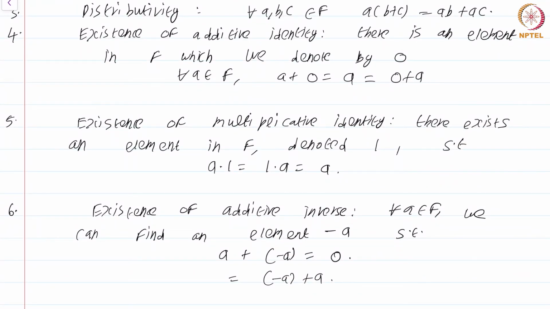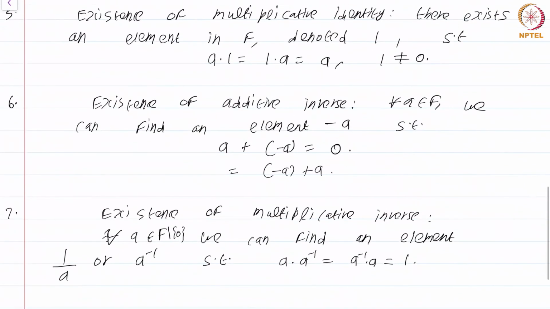There exists an element in F denoted 1 such that A dot 1 equal to 1 dot A equal to A. Let me add that we require 1 to be not equal to 0. Okay. Now, the final, this actually concludes it. There is no final thing. There are only 7 axioms. I got ahead of myself thinking there are more properties to characterize.